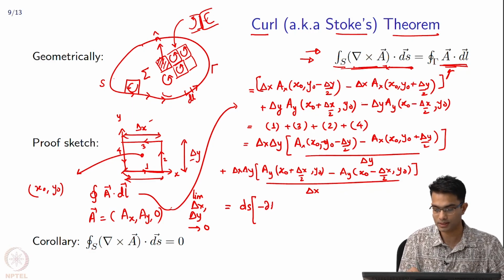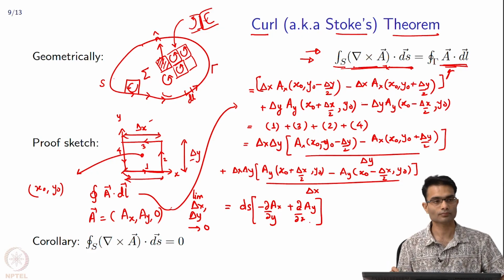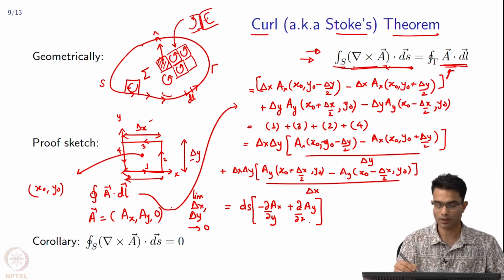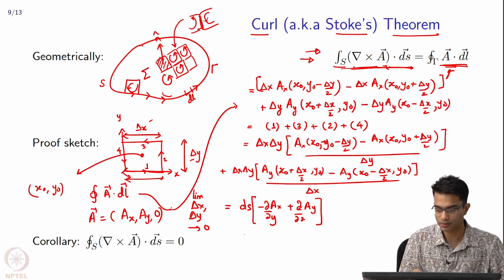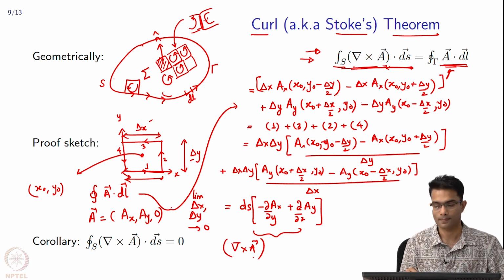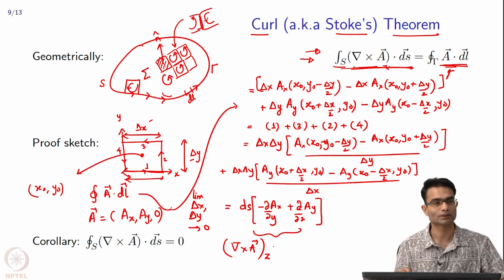So, this becomes minus dAx by dy, and the second term is the partial derivative of the y component, with a plus sign. If you work out the curl expression over here, this is which component of curl? There is x and y, what is missing is z. So, this is actually the z component.